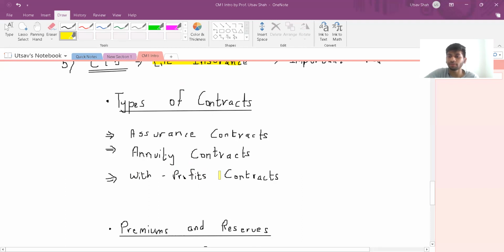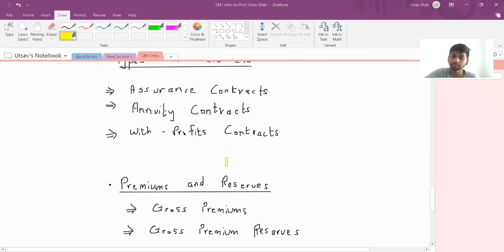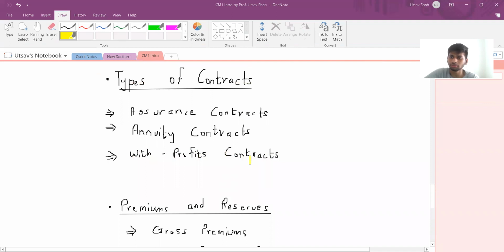They made extra profits. So the insurance company has an option to share these benefits with the policyholders because they have made more money than they had thought. It's pretty obvious that some of this money should go back to the policyholders, and that's where with-profits contracts come in. Got that?